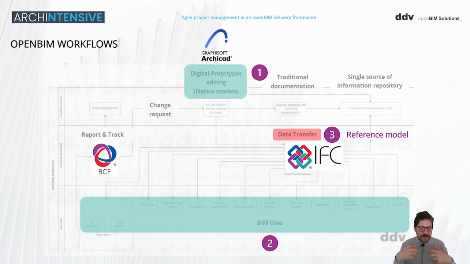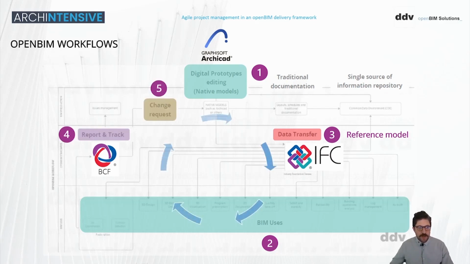And then we are exchanging our models to other disciplines. Those disciplines will use those models to coordinate with their designs, and then they will also be able to find issues, to track them, and ultimately, as a result of that, they will request a change to the original author. So this is, in summary, the basic openBIM workflow.